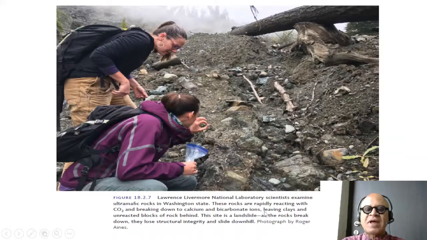These rocks are rapidly reacting with CO2 and breaking down into calcium and bicarbonate ions, leaving clays and unreacted blocks of rock behind. Okay, this is a site of a landslide, and as rocks break down, more surface area is exposed, but they also create loose structure and can have landslides if there are extreme rain events and so on.